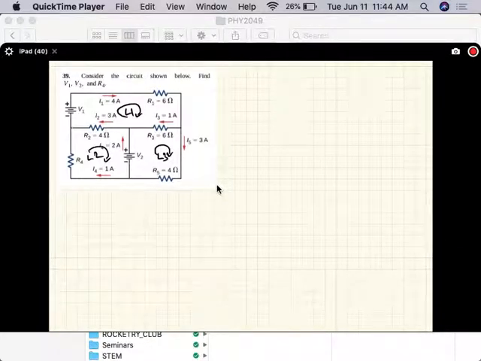Maybe we'll just use loop equations. All right, so for loop L1, we will start at this corner and go around like that. And I will write down all the equations.